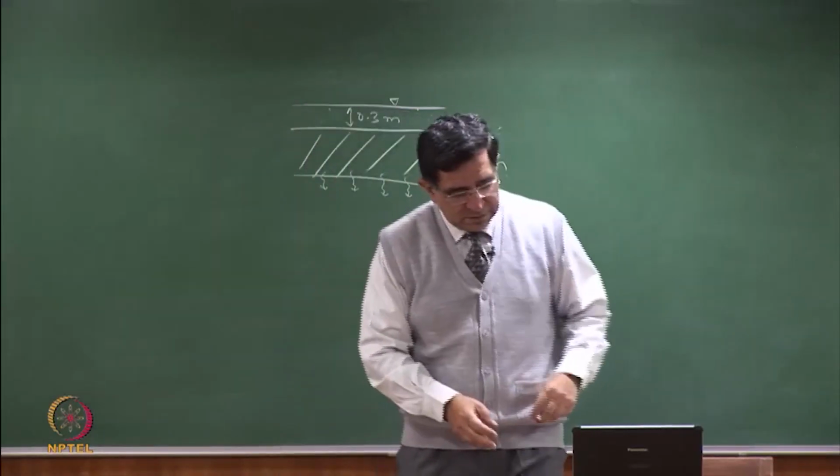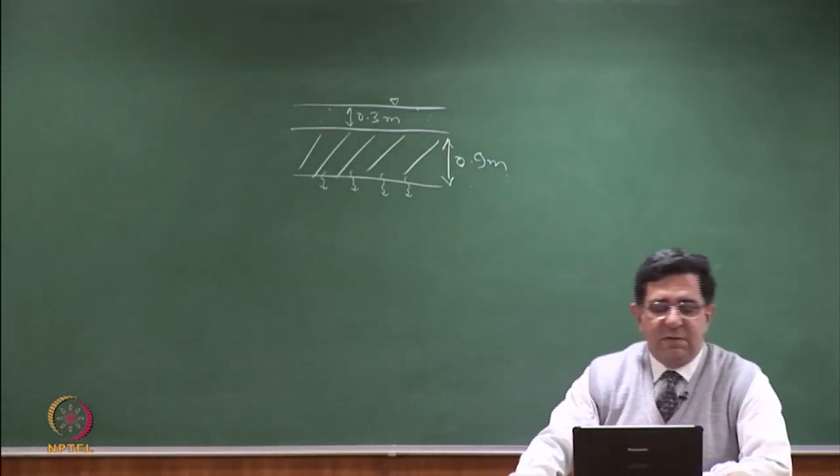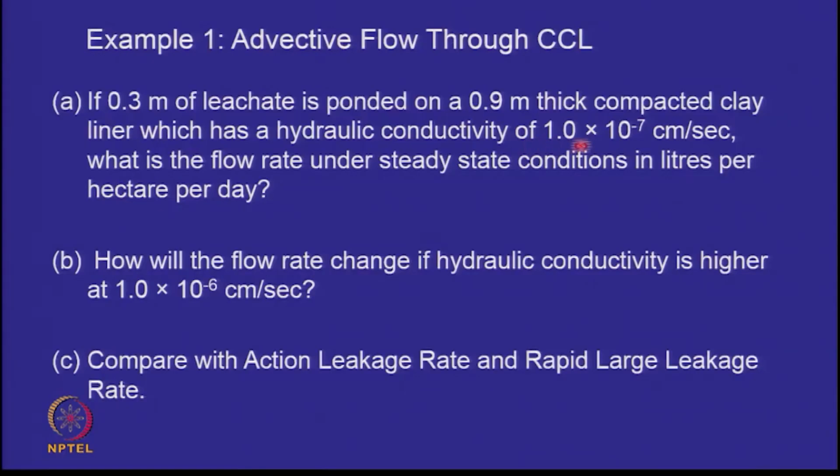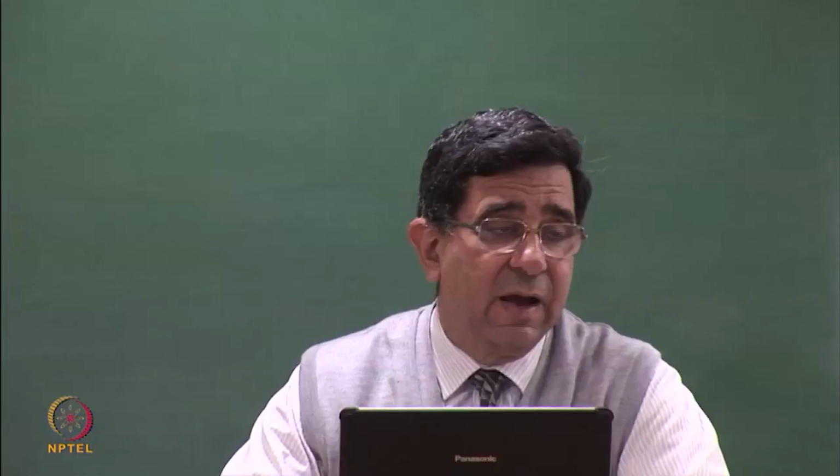And then, for example, the question says, if by chance we wanted to have a permeability of 10 to the power of minus 7, but the compaction was not good or the quality of soil was not good enough, and by mistake you get 10 to the power of minus 6 instead, what happens to this leakage rate? And finally, we would like to compare it with the action leakage rate and the rapid large leakage rate which the US EPA has stated.